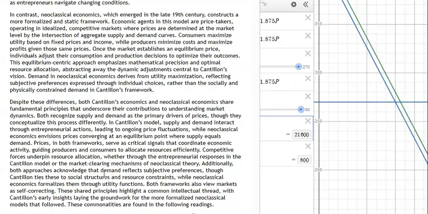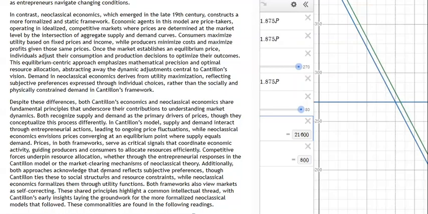Both recognize supply and demand as the primary drivers of prices, though they conceptualize this process differently. In Cantillon's model, supply and demand interact through entrepreneurial actions, leading to ongoing price fluctuations, while neoclassical economics envisions prices converging at an equilibrium point where supply equals demand.